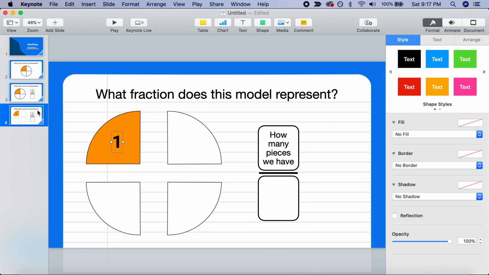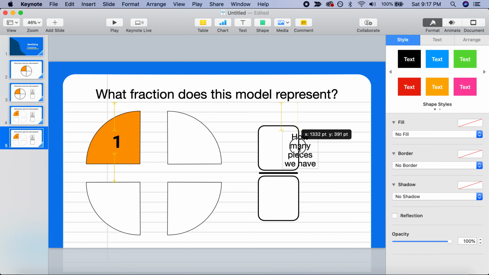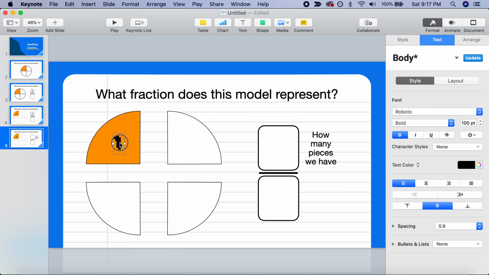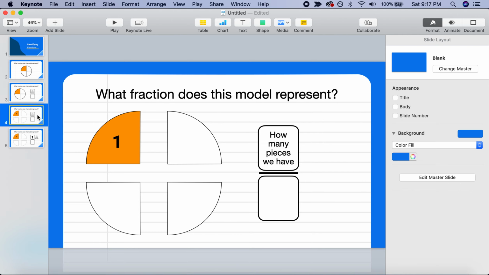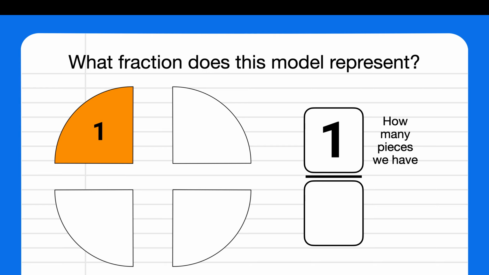And so what I'll do is I'll actually duplicate this slide because I want this title to kind of move over here. And I want the number 1 to come in and fill the numerator box. Let's make it bigger. Maybe 200. Yeah, 200 looks like a good size. And so now you can see we have this one piece. So we write the number 1 in. That looks pretty good.